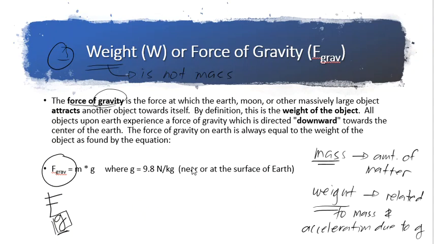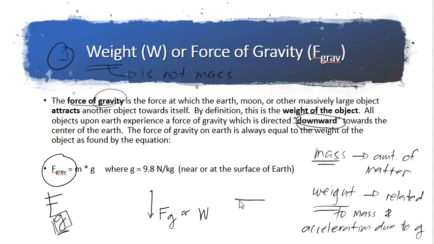Force of gravity points downward. It's the weight of the object. So if I use a force vector arrow, I could label this as force of gravity. Or I could choose W, which is the weight. So that's how I will draw force of gravity.